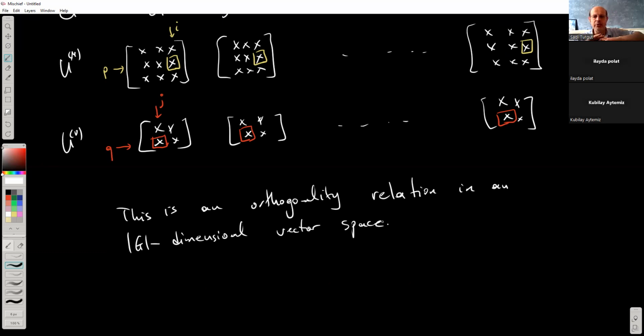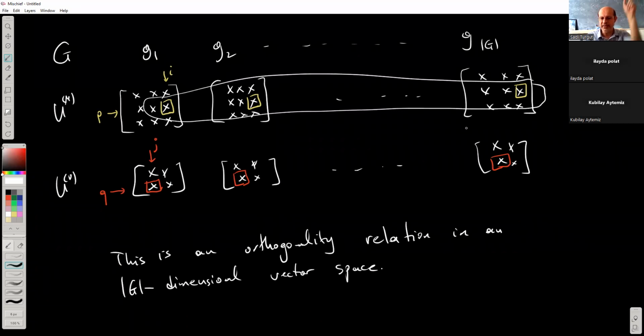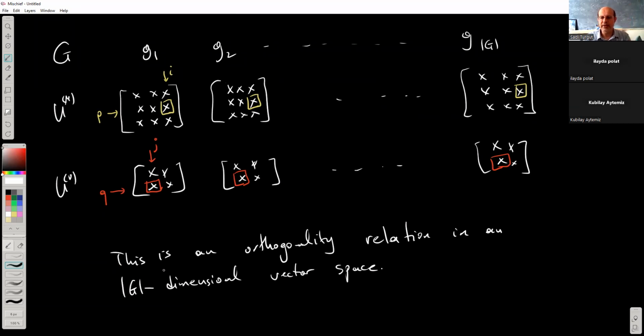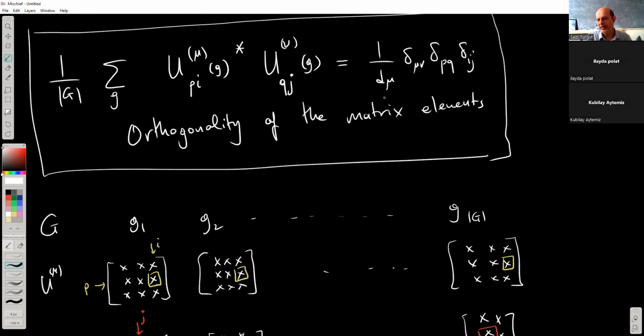It has no physical significance at all; we don't have any physical applications in here. But I can think of the set of numbers in here as the components of some vector in some G-dimensional vector space, and therefore these different vectors are perpendicular to each other. There's also a normalization relationship when the right-hand side is non-zero, but that's unimportant at this point.